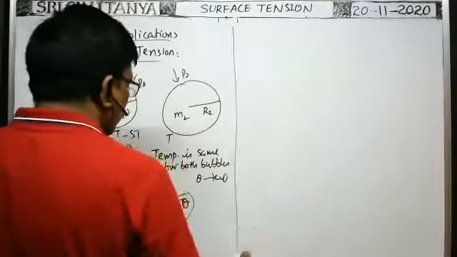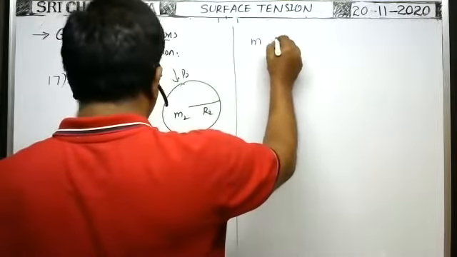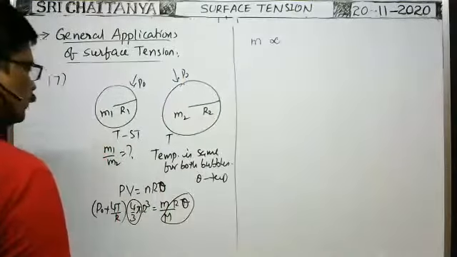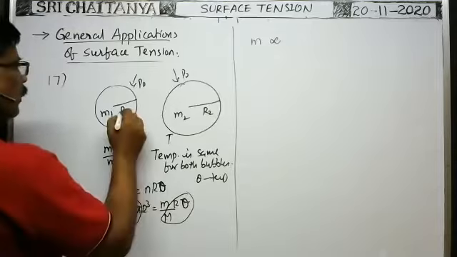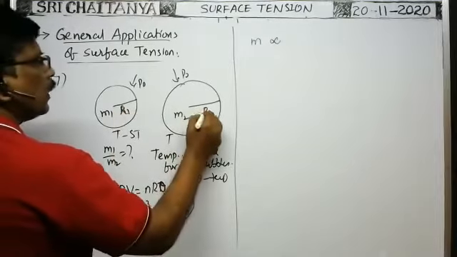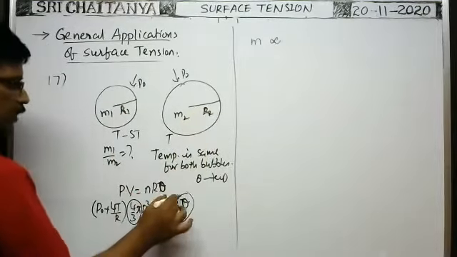Therefore, the mass of the air inside the bubble is directly proportional to r cube into (P0 plus 4T by r). Here R is the universal gas constant and small r is the radius of the bubble. Take small r, because we may cancel by mistake R and r.